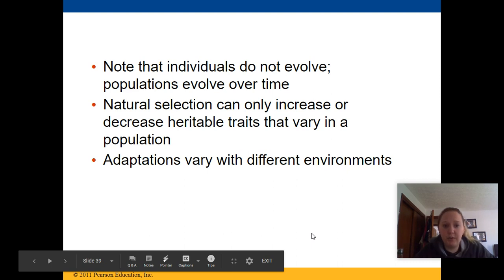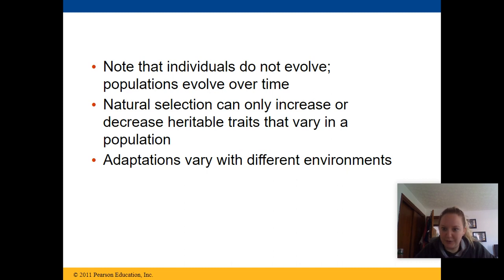It is important to note that individuals do not evolve, but the populations do over time. A single person cannot evolve, but the population as a whole can. Natural selection can only increase or decrease the heritable traits that vary in the population, and adaptations vary within different environments.